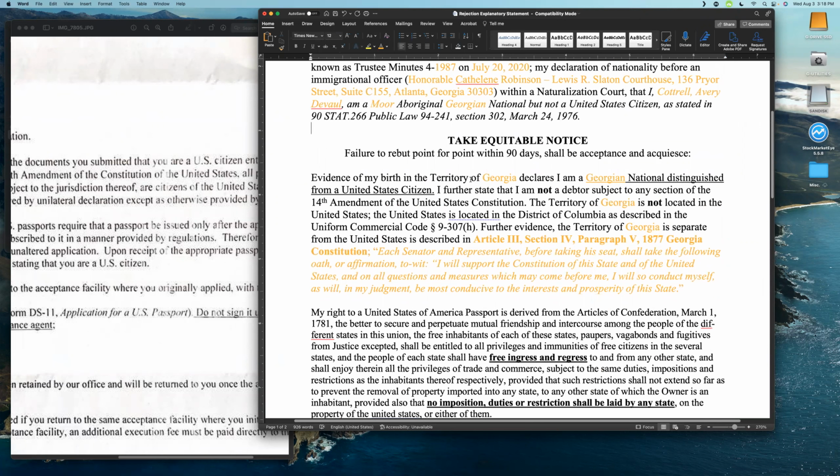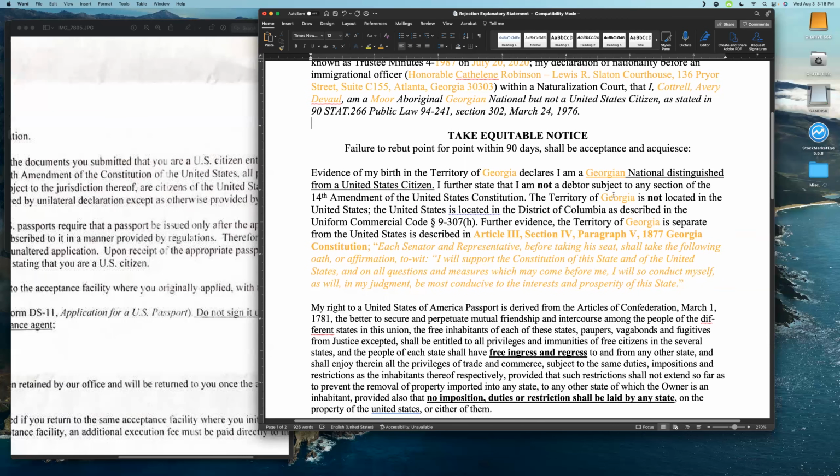I'm talking about what this land was before that happened. So I would say territory. Territory of Georgia declares, I am a Georgian national distinguished from a United States citizen. I further state that I am not a debtor subject to any section of the 14th Amendment of the United States Constitution.